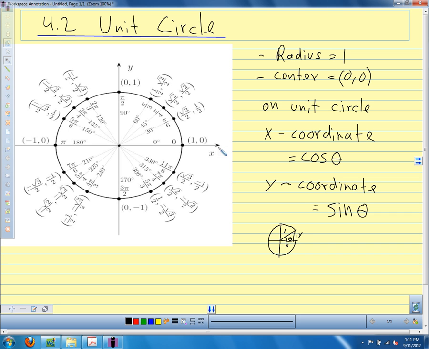So I look at my unit circle and I see a y coordinate of 0 here. And I go around here and I see a y coordinate of 0 here. So the angle that gives us a sine of 0 is 0 and pi. That's where the y coordinate is 0.